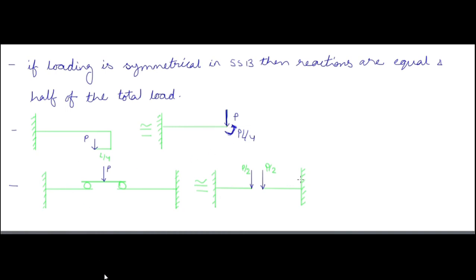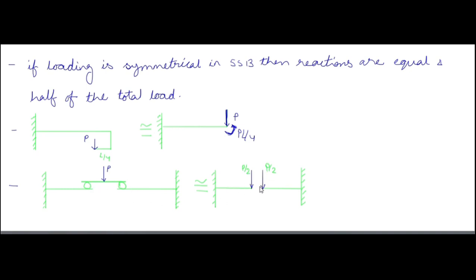Now this is once again a fixed beam from both sides, and these two rollers are there, and P is acting at the middle point of those roller supports. So this P has been resolved into P by 2. Okay, reaction should be upwards.